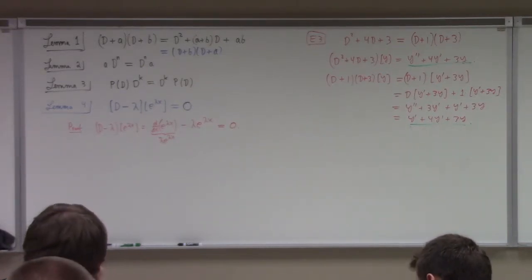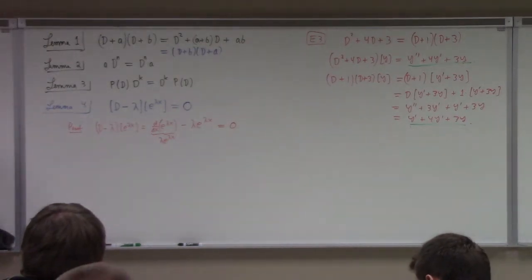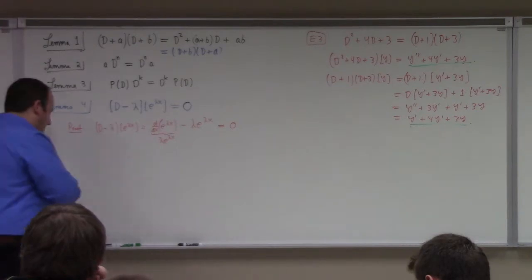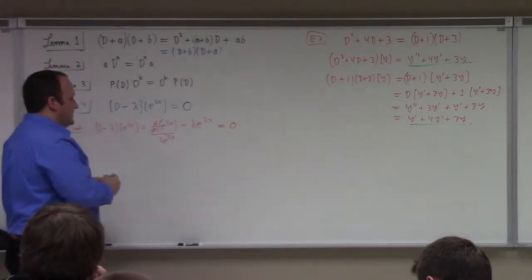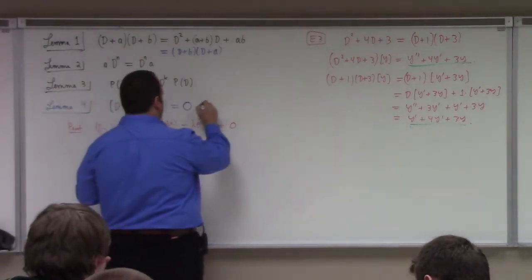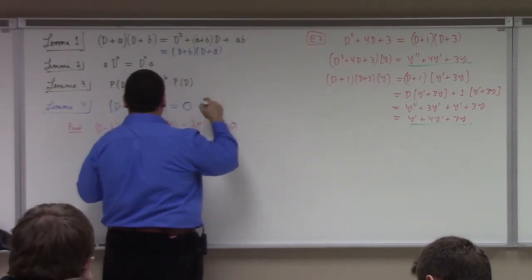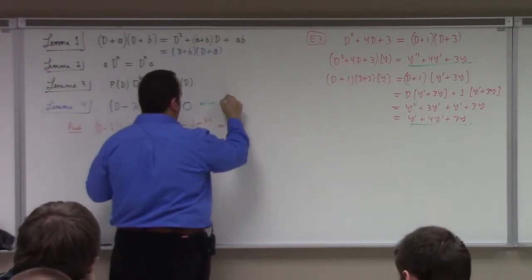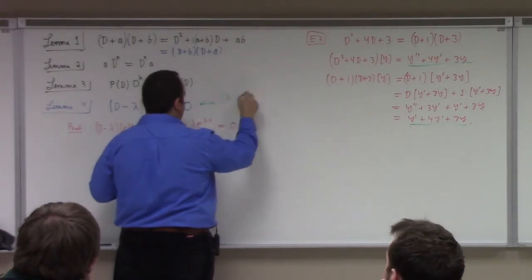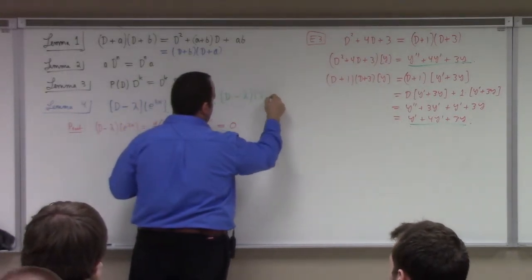You're like, but you just pulled that from the thin blue sky. How do you know that? Fine. You people and your desire to see derivations. In another notation, this is the same as if I plug in a y. D minus lambda acting on y equals 0 is what differential equation?